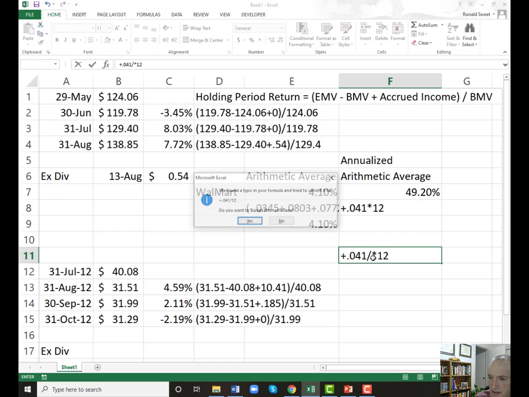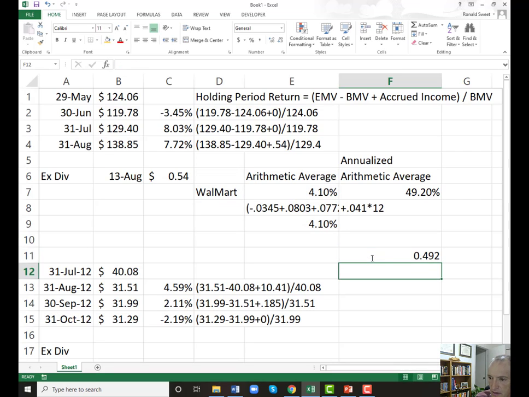You might be slightly off. No, it's the same. Rounding could be an issue because I'm doing this. So you take 4.1%, the arithmetic average, times 12, because this is monthly. Again, if we were doing weekly, we multiply by 52. So there's your arithmetic average and annualized arithmetic average.